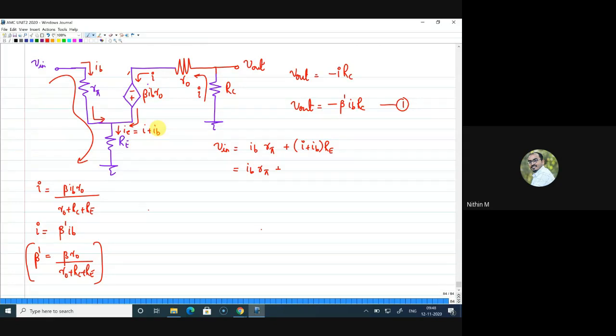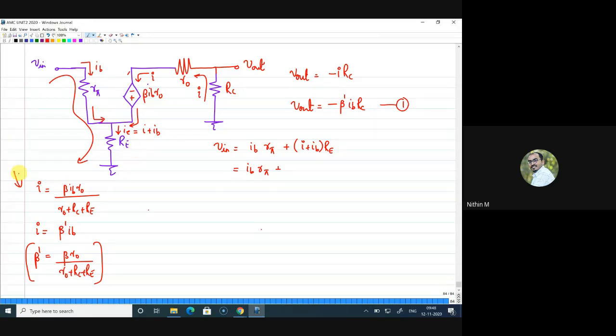So what I have done is actually neglected this current IB, right? Now I have written this current I as beta IB R naught, the voltage source, divided by the sum of these three resistances.